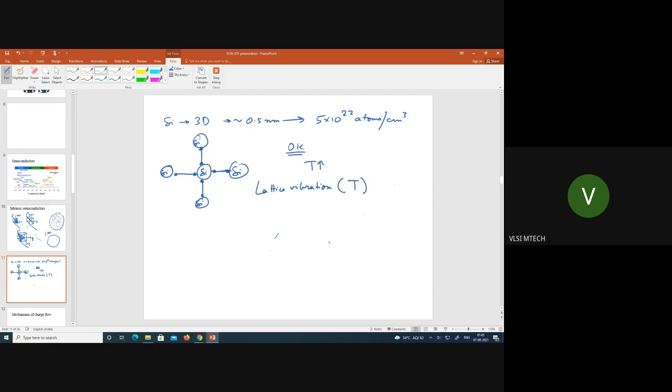It depends on the temperature, of course. So the higher the temperature, the more the lattice vibration, the more thermal energy there is. And if you go to reasonably high enough temperatures, the thermal energy is sufficient to break these bonds here. So it can break bonds and create what we call free electrons.